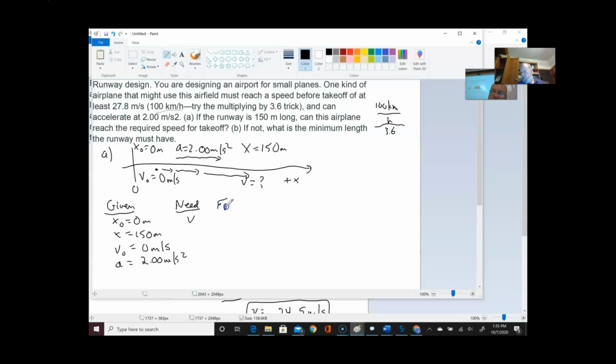So now I'm going to say what formula do I need to use to solve this. Okay? I don't know yet exactly how this is going to work out, but I don't need to know. I just need to know what this set of information is going to allow me to do in terms of formulas. And my first question that I ask, we're going to follow our logical questions, right? The first question I ask is, do I have time or do I need time?